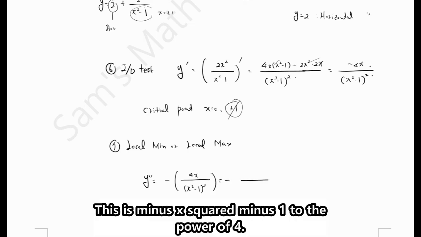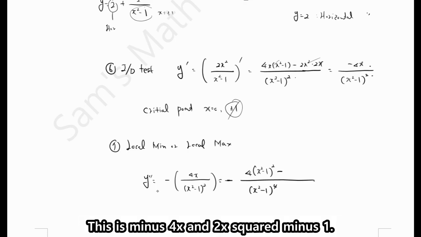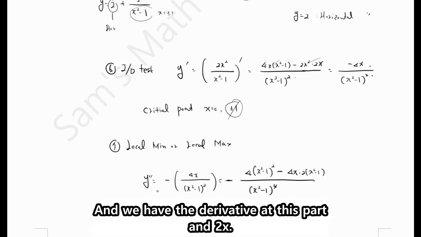This is minus 4 times x squared minus 1 squared, minus minus 4x times 2 times x squared minus 1 times 2x, all over x squared minus 1 to the power of 4.